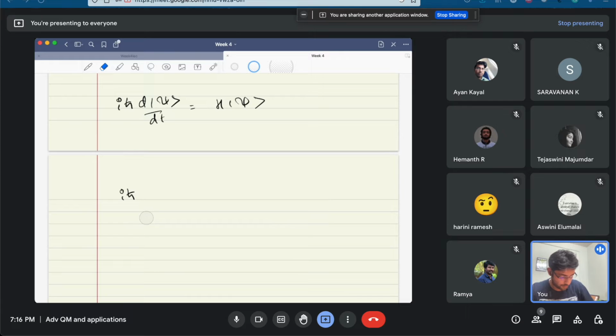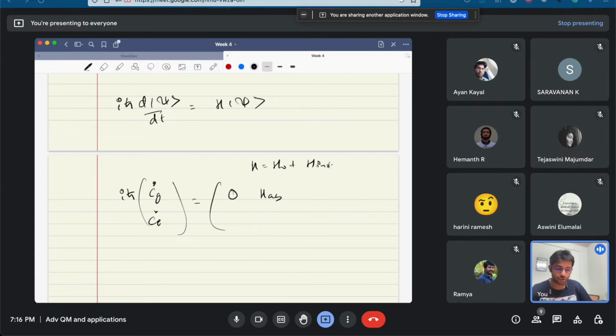Let's write Cg dot, Ce dot. This is the time derivative of the coefficients. And let's say we only have the off diagonal now, since we have already done the diagonal ones. Any Hamiltonian can be written in this form, so you can separately do the calculation for each part of the Hamiltonian, right? So here we have this part.